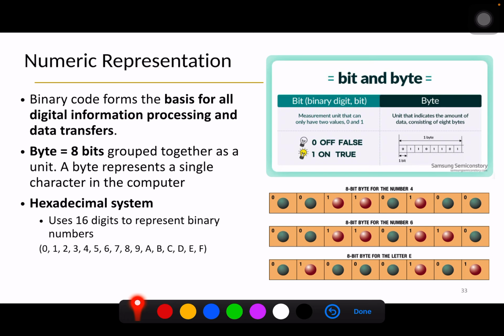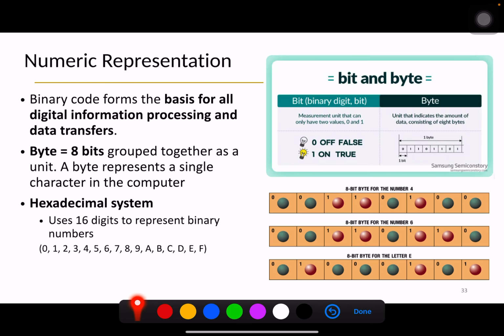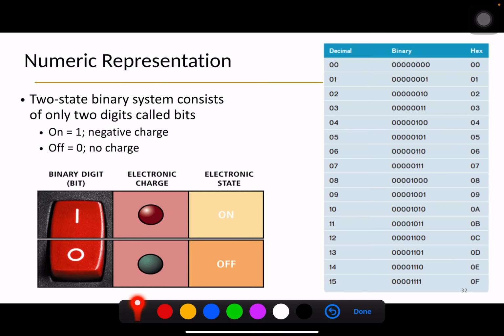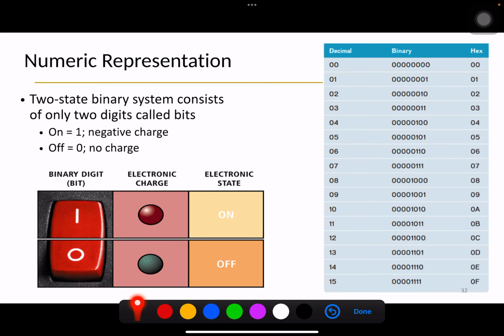Now we talk about bytes and bits. All the numbers here are binary numbers. How many digits does it have?